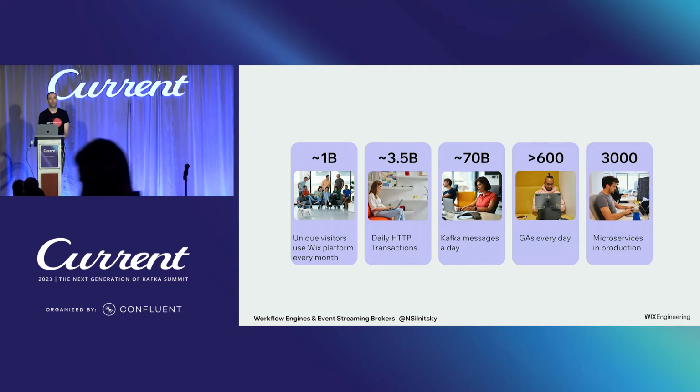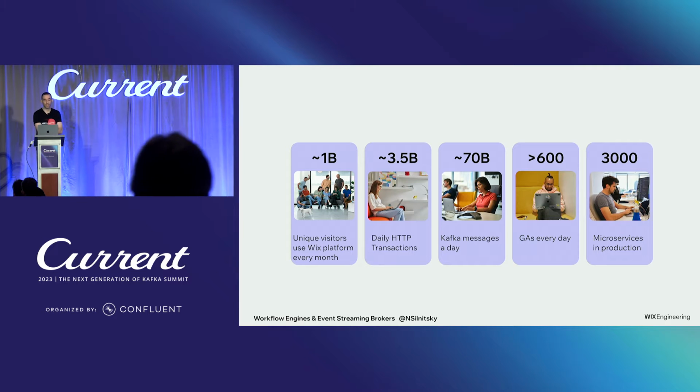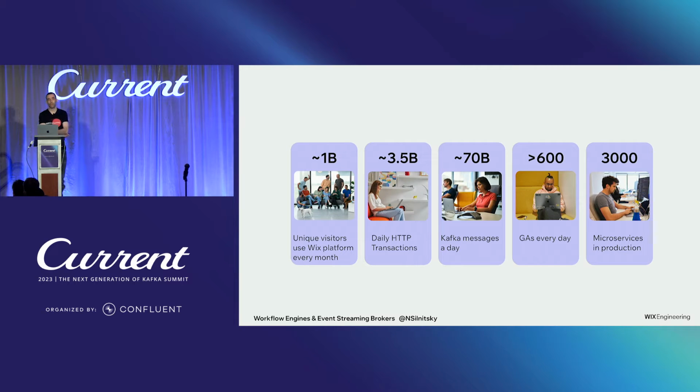So here you can see a few numbers. For instance, we have around 3.5 billion daily HTTP business transactions incoming to our cloud, and around 70 billion Kafka messages that we process every day. And that's done with 3,000 microservices in our production system.